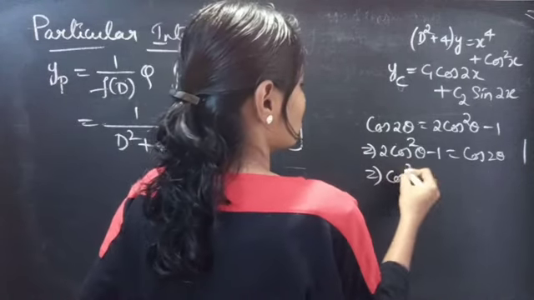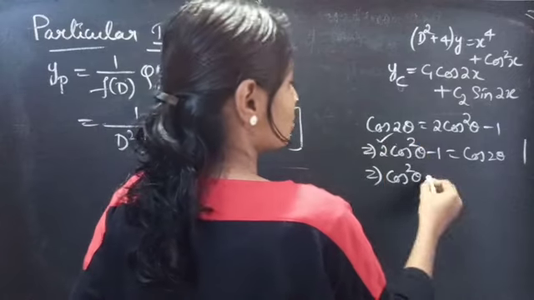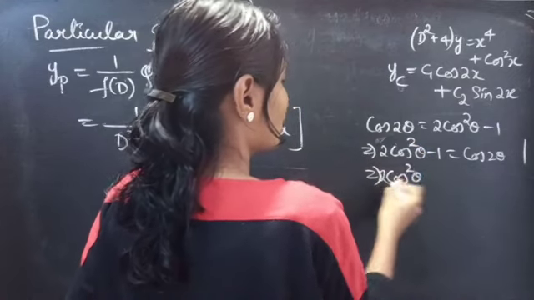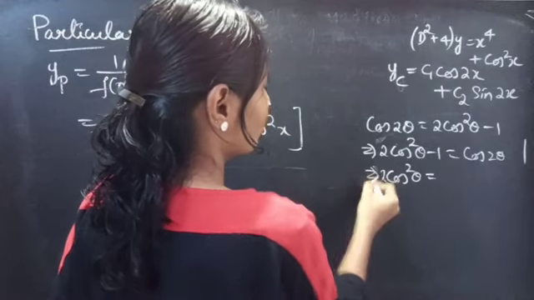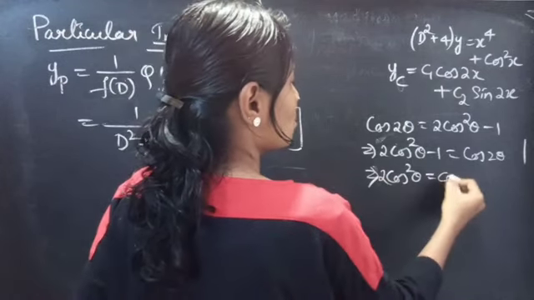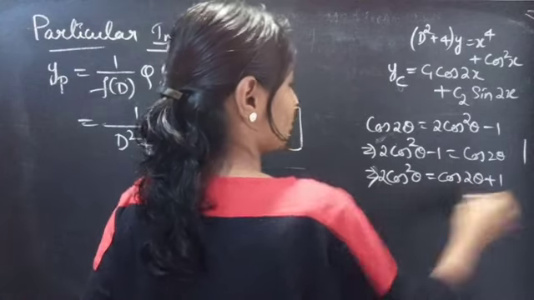Now firstly take this minus 1 to the RHS, then you'll get 2 cos square theta equals cos 2 theta plus 1, right?